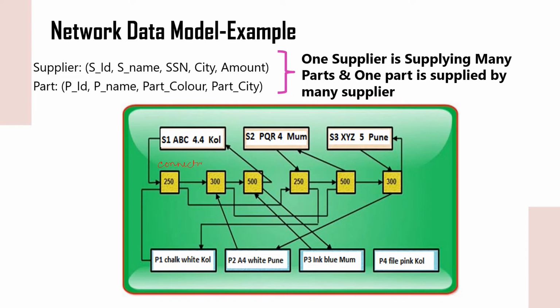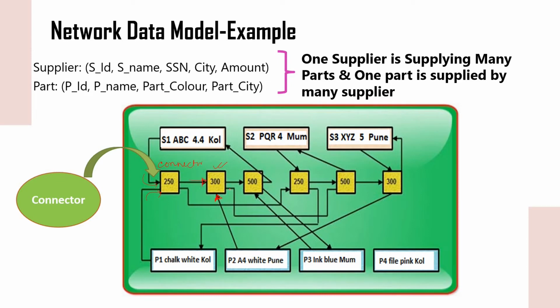Let's understand in detail. Suppose this 250. This 250 has a record from S1 and another record from part P1. That means S1 supplies part P1 by an amount 250. Again, 250 is linked to 300 and this 300 is linked to P2. Means S1 is supplying part P2 by an amount 300.